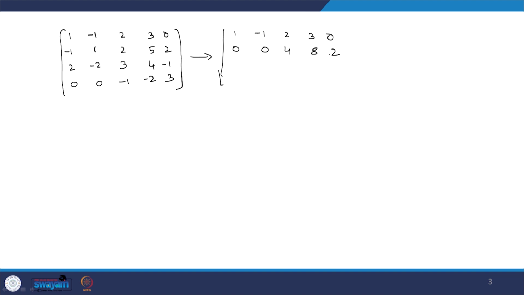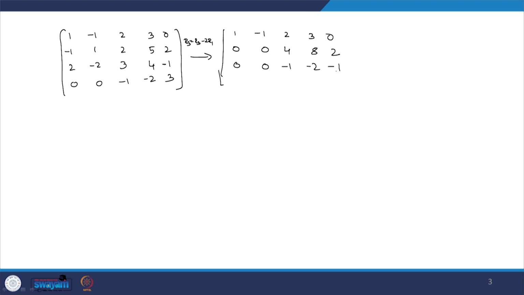And multiplying the first row by 2 and subtracting from the third row, so R3 goes to R3 minus 2 R1. That gives 0, 0, minus 1, 4, and then minus 6, that is minus 2, and minus 1.